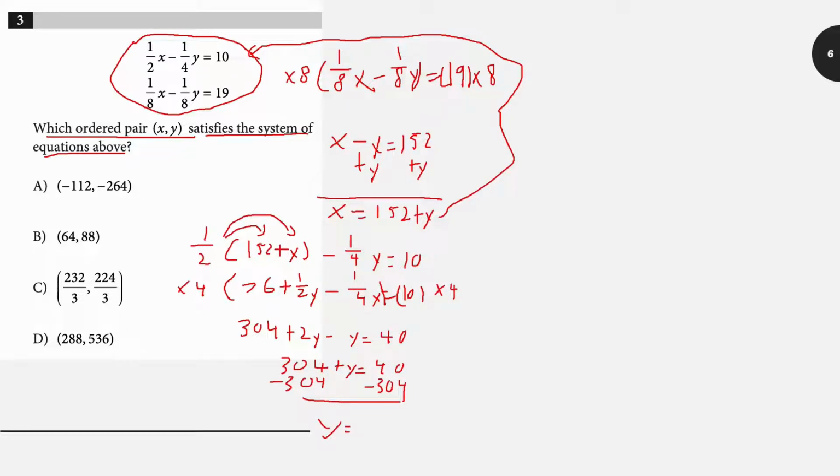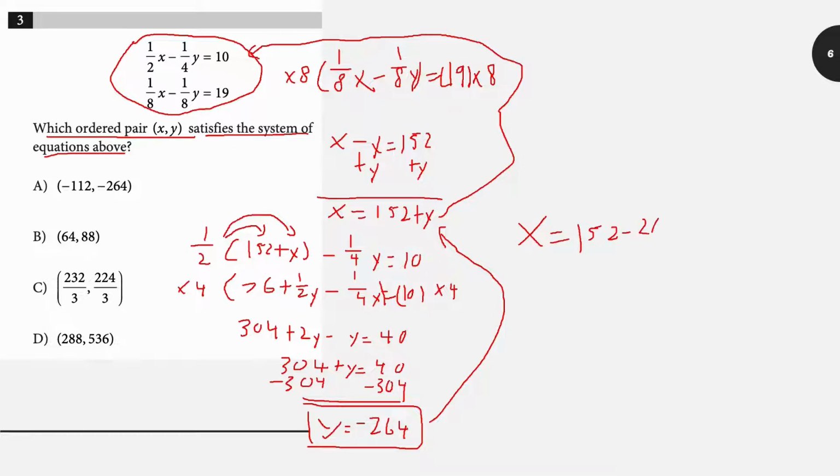y equals negative 264. So this is your y value, and you want to plug the y value back into the system equation, and you get x equals 152 plus negative 264, and you get that x is equal to negative 112.